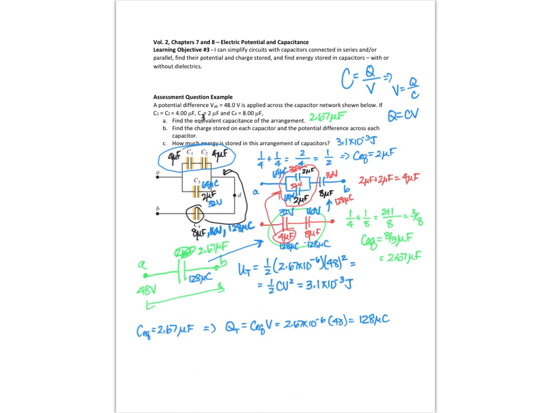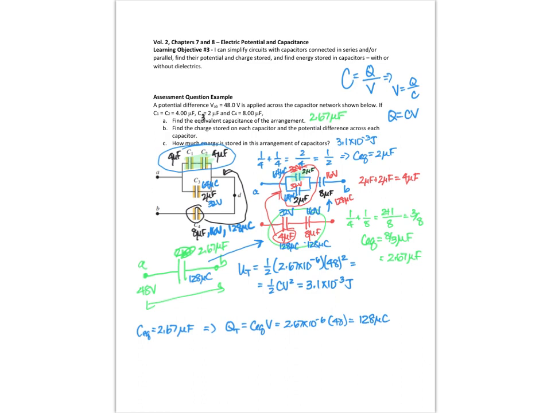Now, the 2 microfarad capacitor, let me try this. This 2 microfarad capacitor stood in the place of these two that are in series with each other. And because they're in series, they will have the same charge.